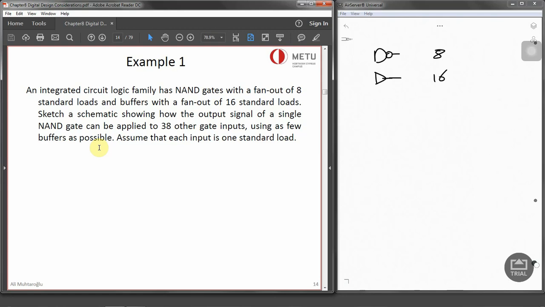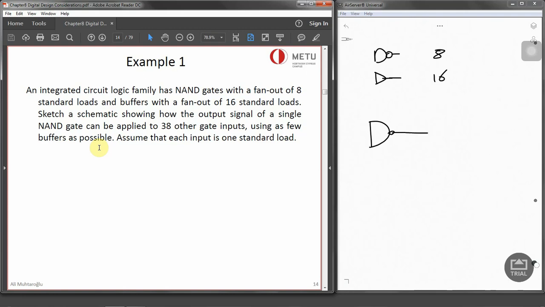Sketch a schematic showing how the output signal of a single NAND gate can be applied to 38 other gate inputs using as few buffers as possible, and assume that each input is one standard load.